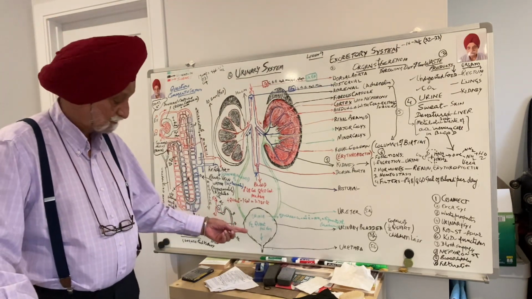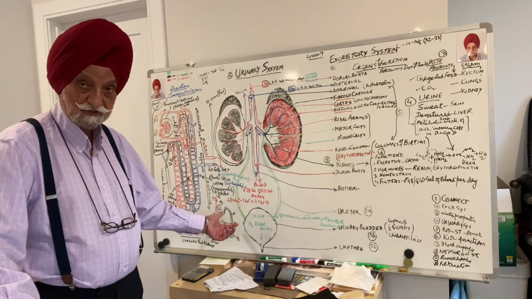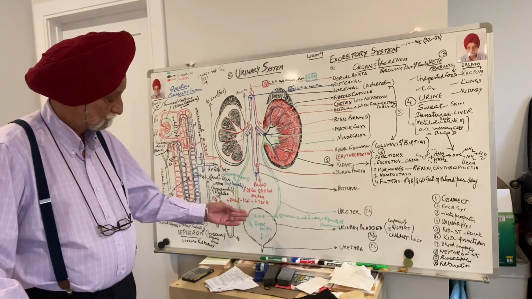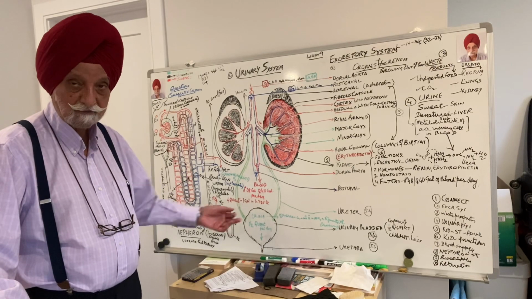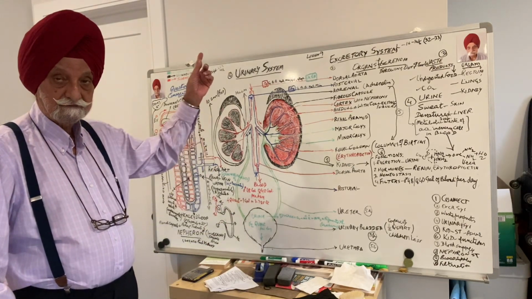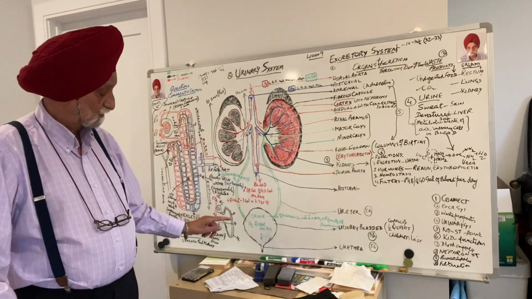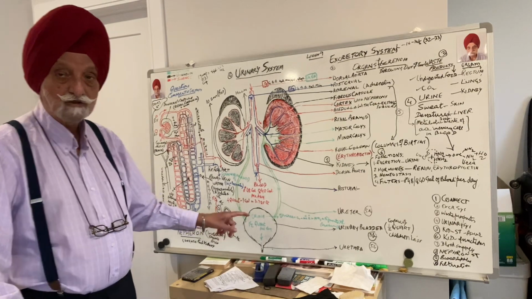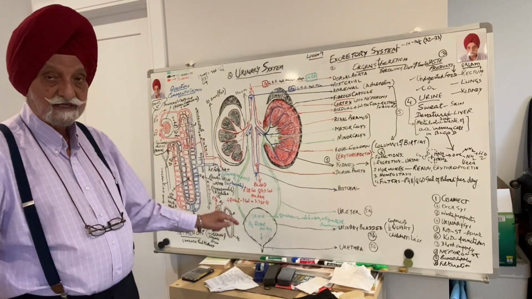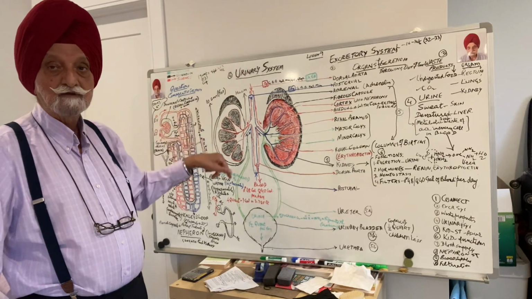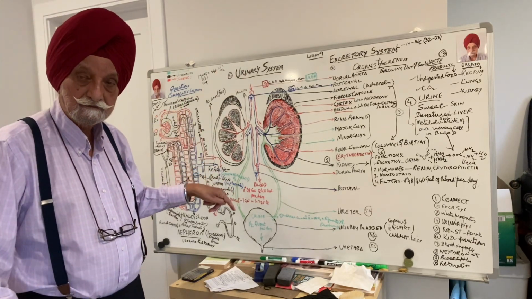Now, when the urinary bladder is full of urine, there are certain neurons, certain cells present in the urinary bladder, which are connected with some nerves to the brain. When the urinary bladder is full of urine, those nerve cells are activated and send a message to the brain that the urinary bladder is full of urine.